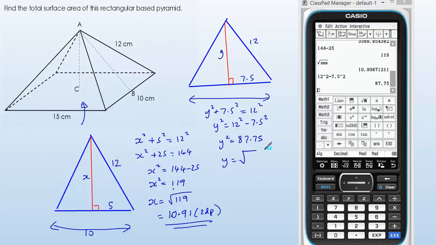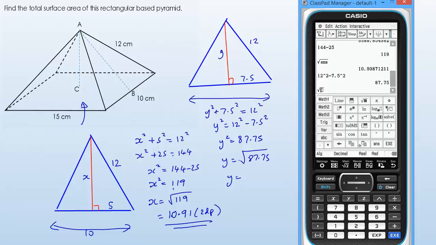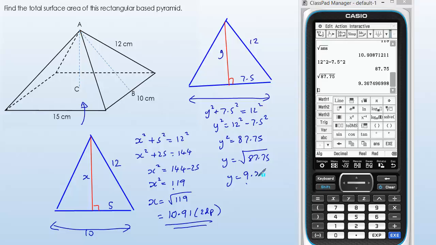So y is going to be the square root of 87.75. So the square root of 87.75 is, if we round it to 2 decimal places, 9.37 centimetres to 2 decimal places.